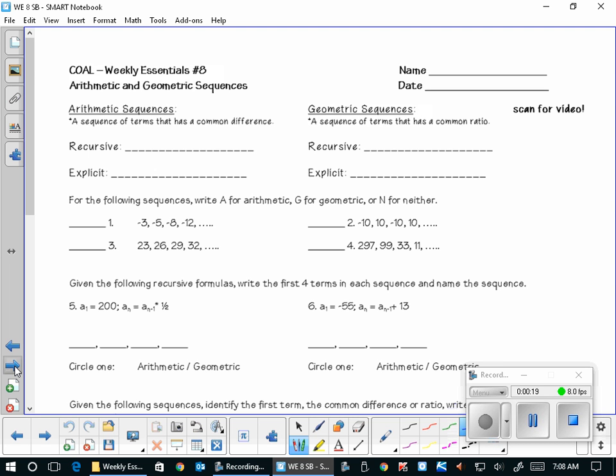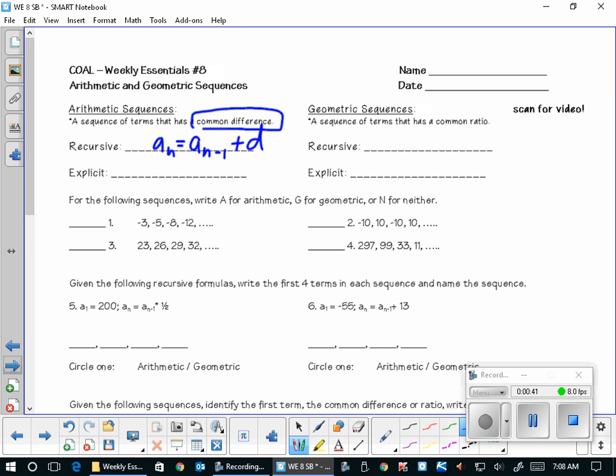All right, so for arithmetic sequences, we have the recursive and the explicit formula. So remember, there is a common difference that is important. So it's something you're adding or subtracting each time. So we have a sub n equals a sub n minus 1 plus your common difference.